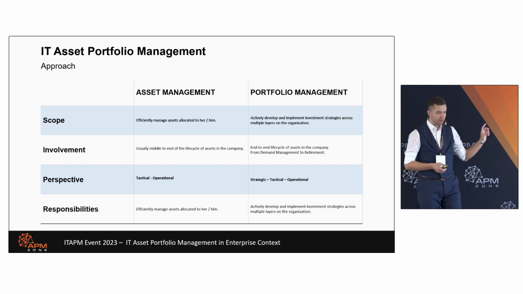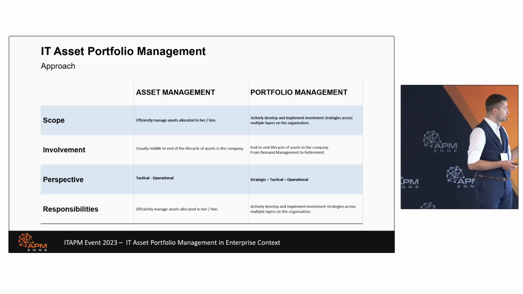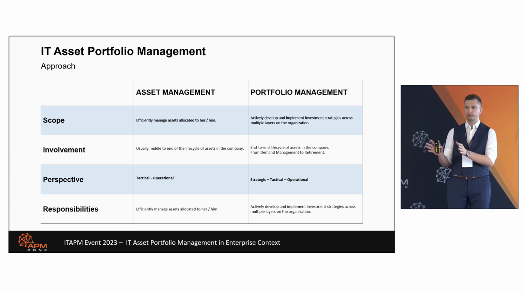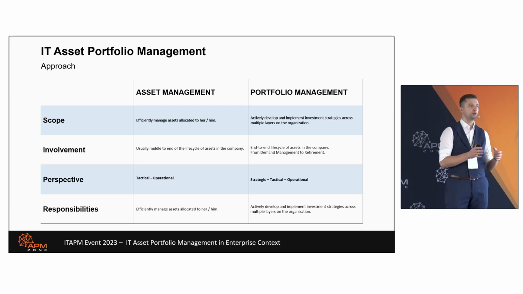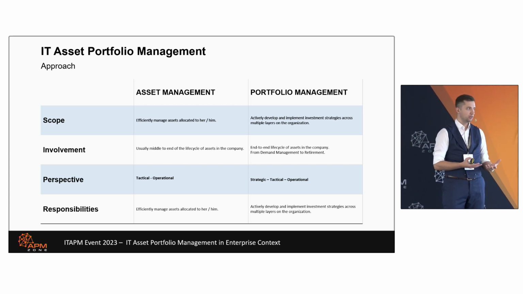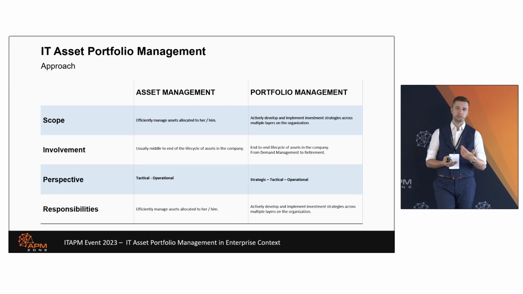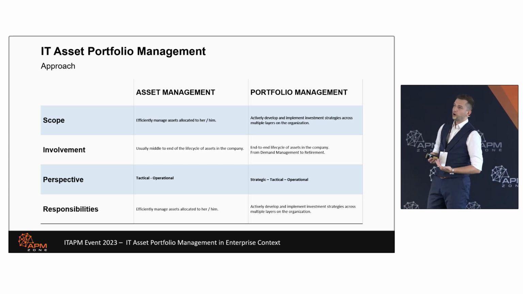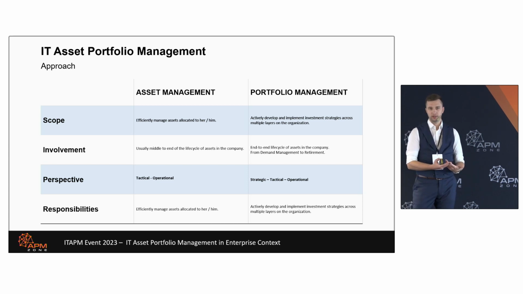Then the involvement itself. As I observed, asset management is usually involved in the middle and end of the life cycle. It's very hard for asset management to be part of demand management, the process of evaluating the business needs and business requirements, which focus not only on the functional part but also on the non-functional part.